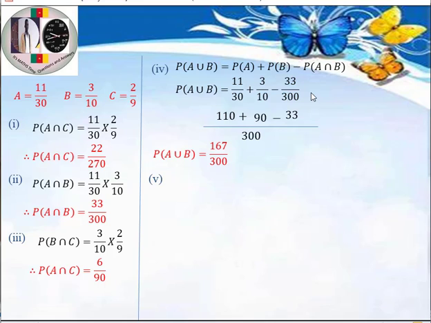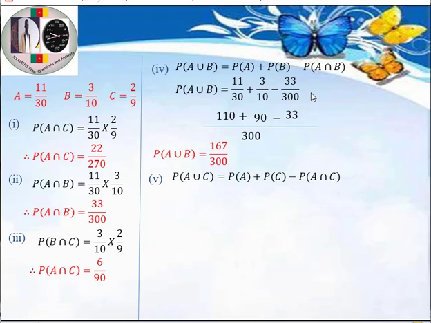Roman 5 says we should look for probability of A union C. So again, it will be probability of A plus probability of C minus probability of A intersect C. So if we have those probabilities as we have on the right, on the left, we are going to substitute them.